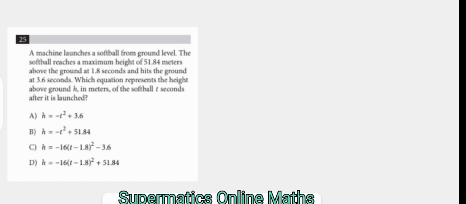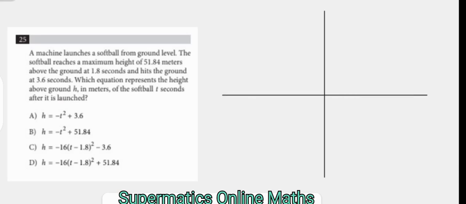The motion is a parabola. So first we have the vertical axis, which is the height axis, and we have the horizontal axis, which is the time axis. From the instruction, the maximum height reached happens to be 51.84 at 1.8 seconds.